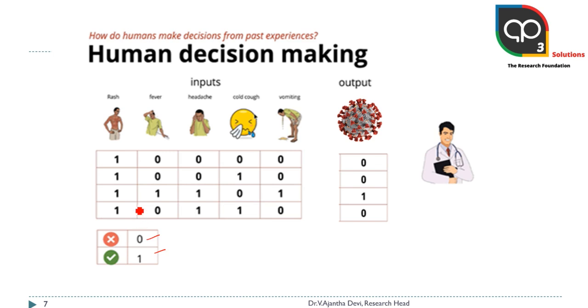Again, this particular row, which just shows 1 0 0 0 0, the first row, basically means that the person had skin rashes and did not have any other symptoms, and the output is 0. That means the patient did not have the symptoms related to COVID.